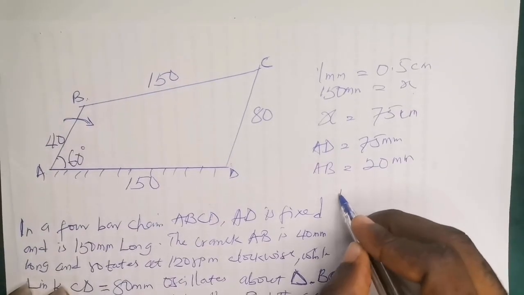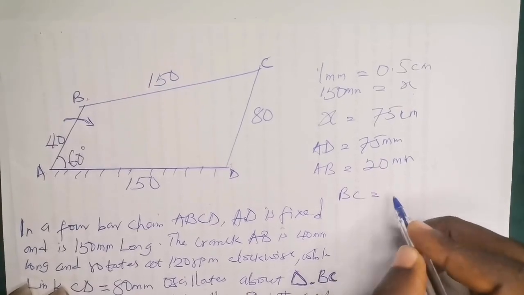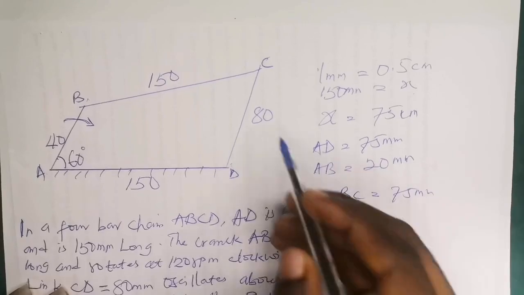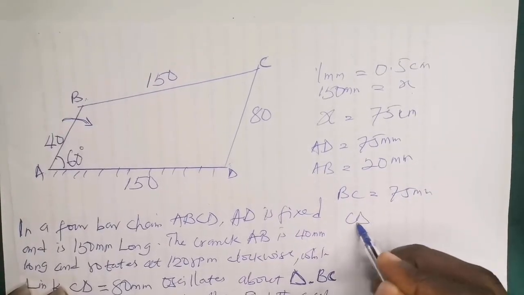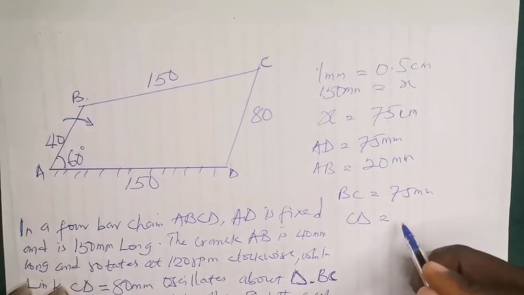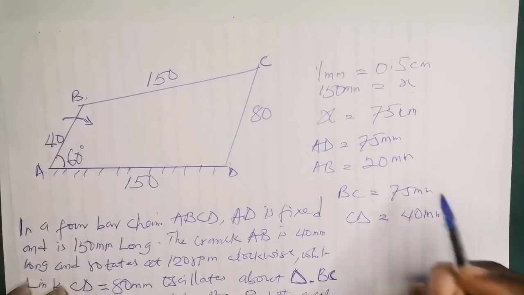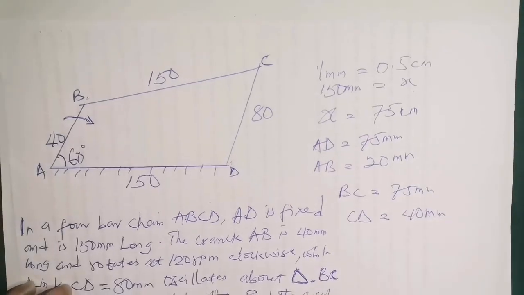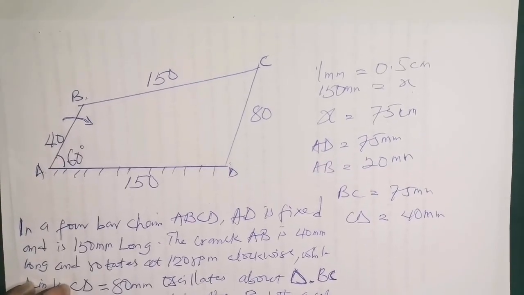BC is also 150, so BC is now going to be 75 millimeter, and CD is going to be 80 divided by 2, that is 40 millimeter. So this is the scale we are using, 1 millimeter equivalent to 0.5 centimeter.